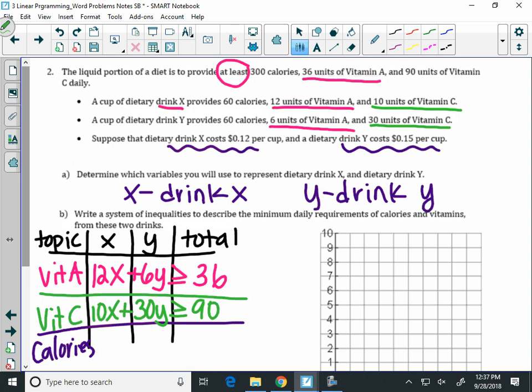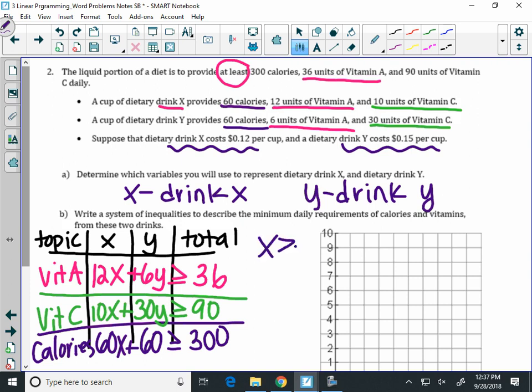And finally, we have calories. How many calories are in drink X? 60. Same for drink Y. So I have 60X plus 60Y. And how many calories do you at least need to take in? 300.